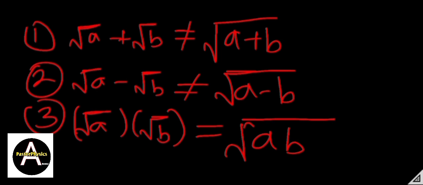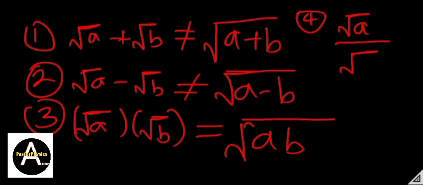Also, the square root of a all over the square root of b is the same thing as taking the overall square root, then putting a over b under it.